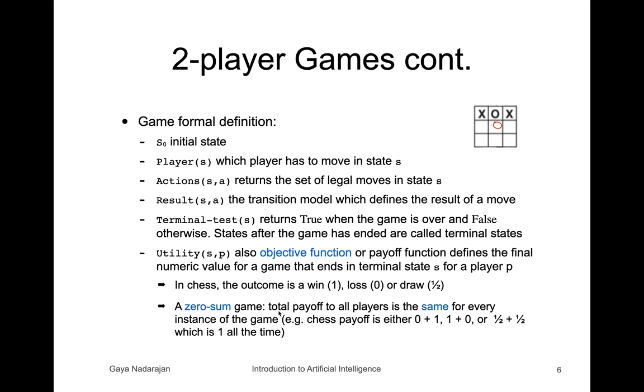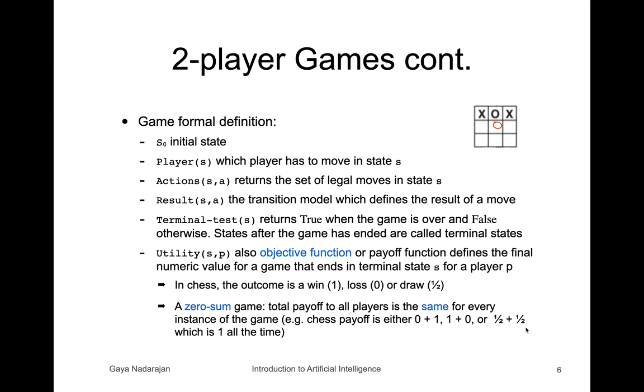So in a zero-sum game, the total payoff to all players is the same for every instance of the game. In chess, the payoff is either 0 plus 1 if you lose and they win, 1 plus 0 if you win and they lose, or half and half.